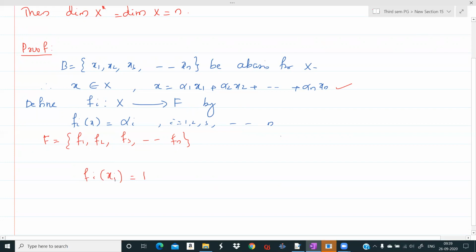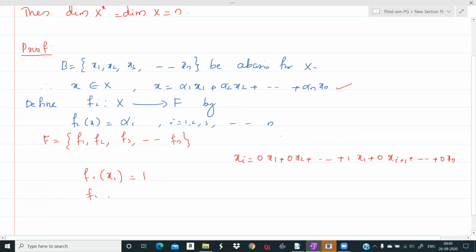അതായത് xi യെ ഈ ഫോമിൽ എഴുതുമ്പോൾ, xi can be written as 0x1 plus 0x2 plus etc. plus 1xi plus etc. plus 0xn. So xi can be written in this unique way. So fi of xi is the coefficient of xi in the representation of this xi, that is 1.